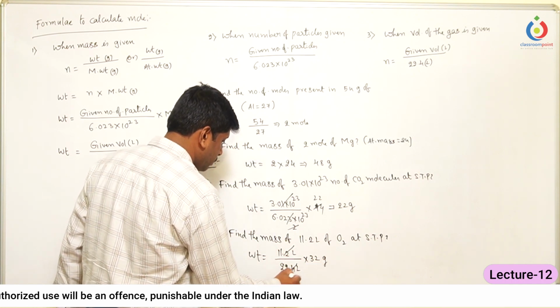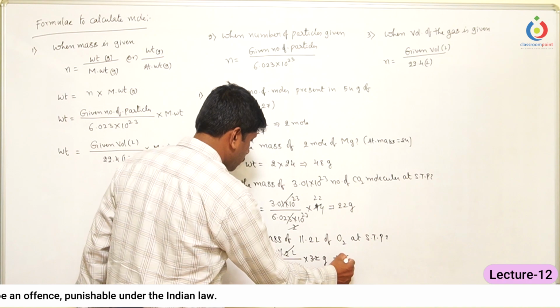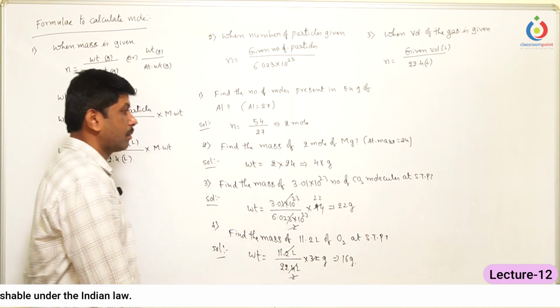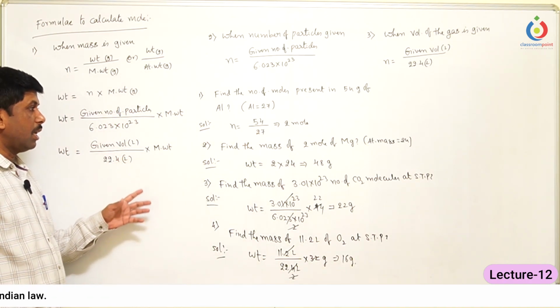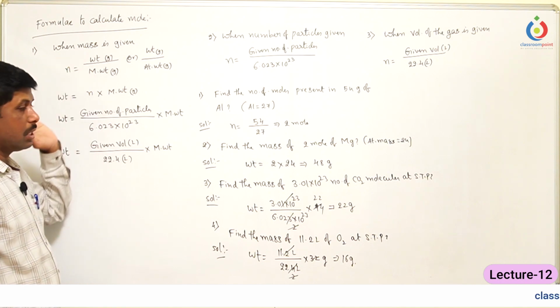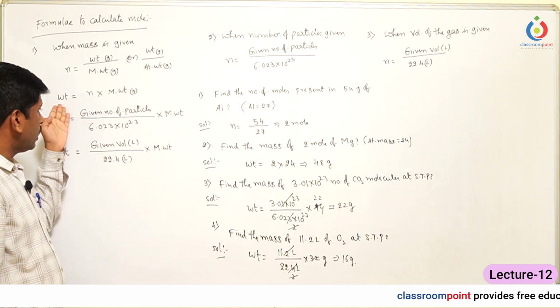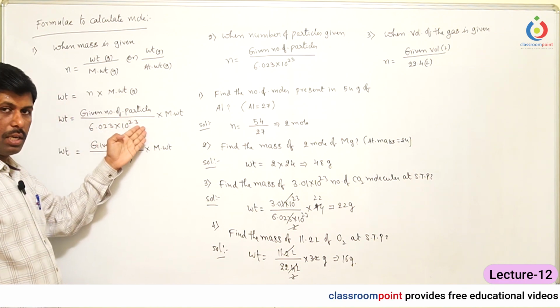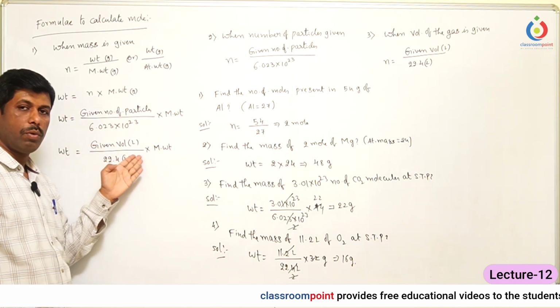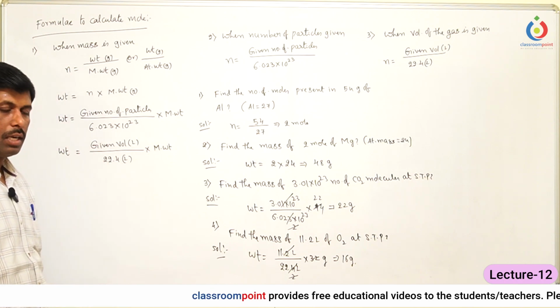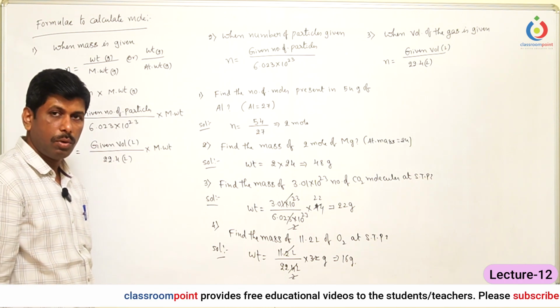So it goes 2 times, and equals 16 grams. Like this we can calculate the number of moles when mass is given. If the number of moles is given, we can calculate the mass. If the number of particles is given, we can calculate the mass, and when volume is given also, we can calculate the mass of the substance or the molecules.